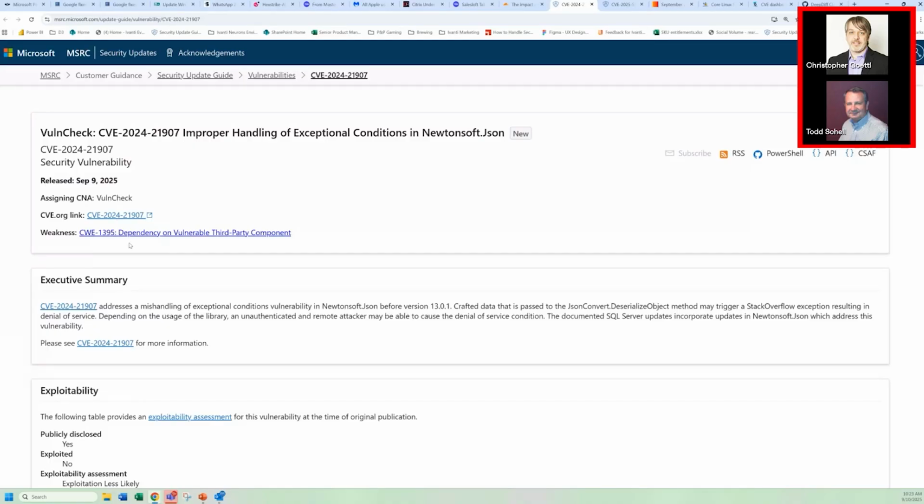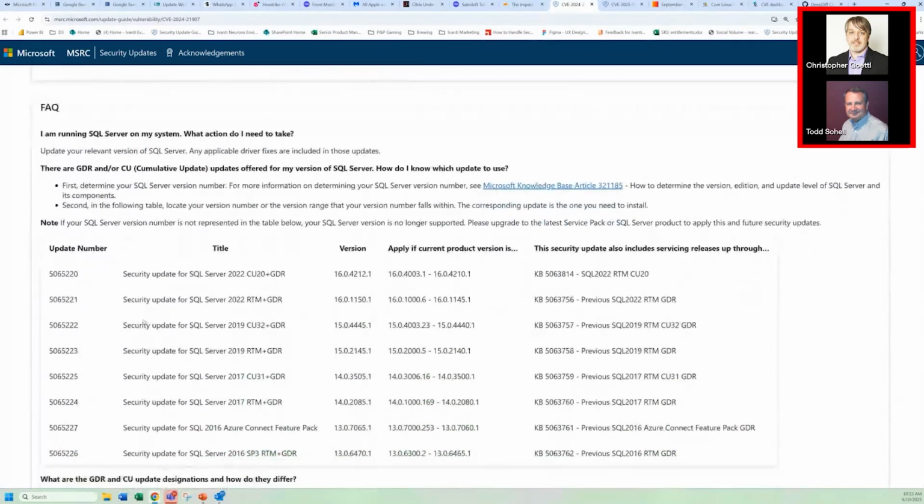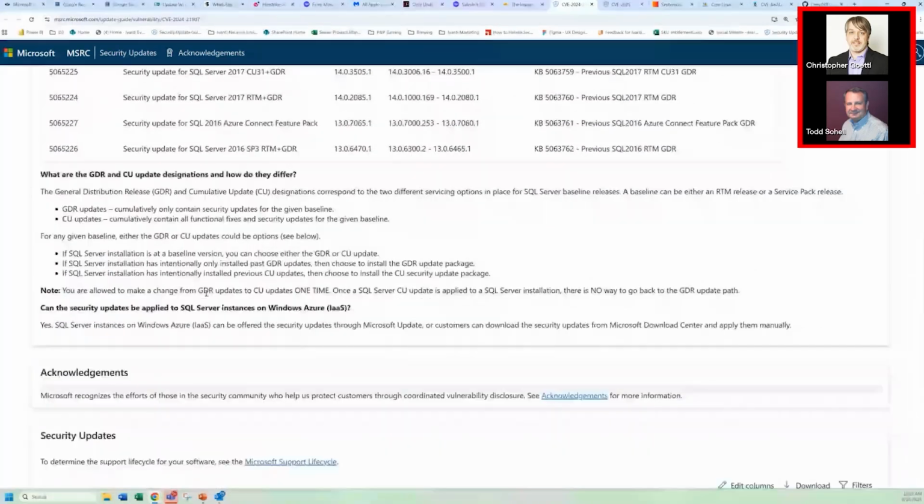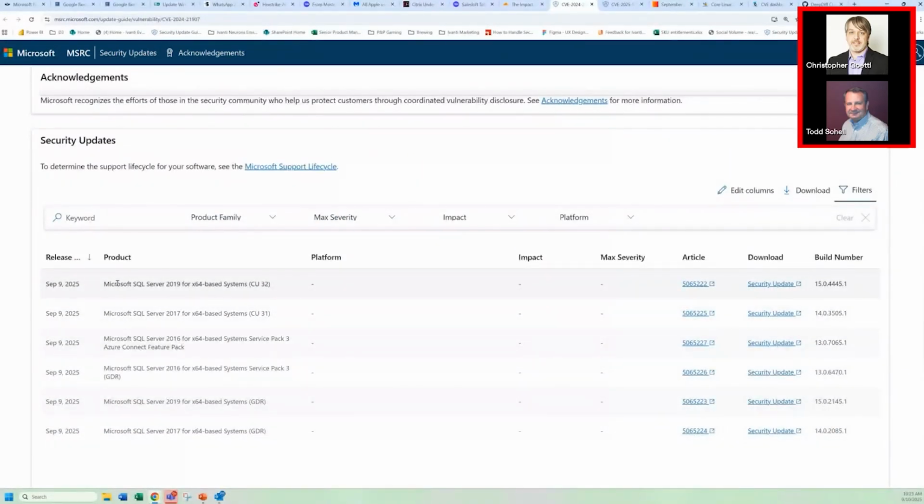This is just Microsoft resolving it in SQL Server now. So information about the vulnerable versions down below here, you could see that the SQL 2016, 17, and 19 editions were affected. So depending on what service pack or CU level, or if you're on the GDR release branch, you could see the updates applying to each of those.